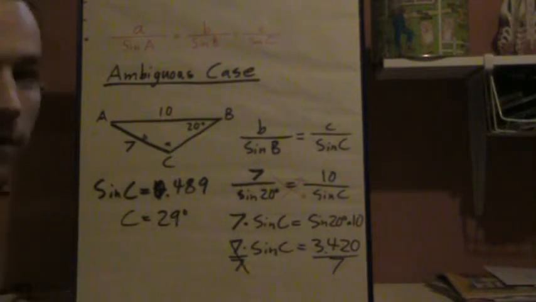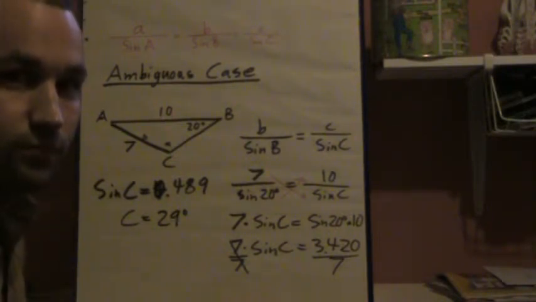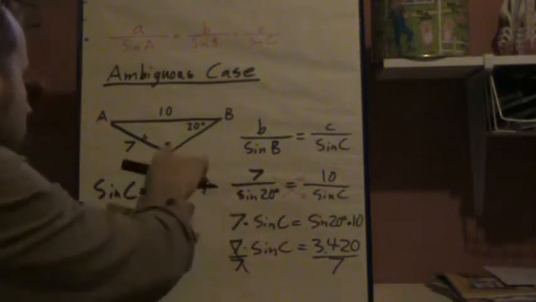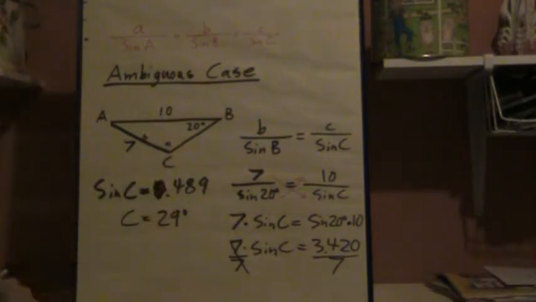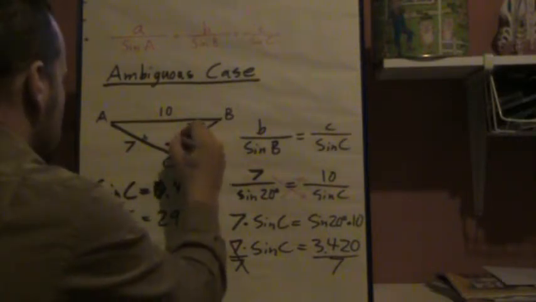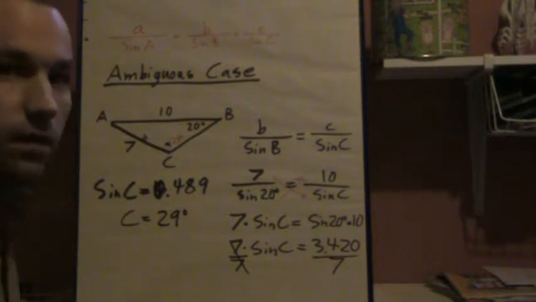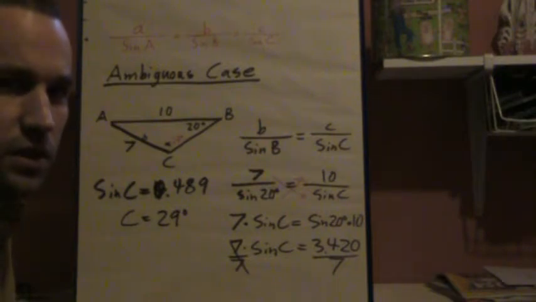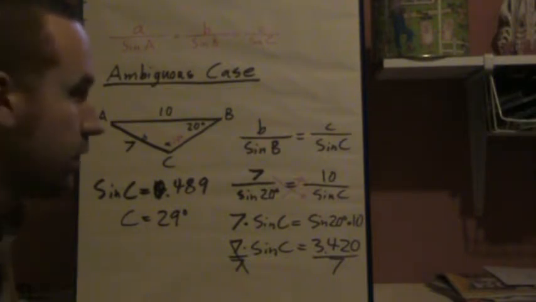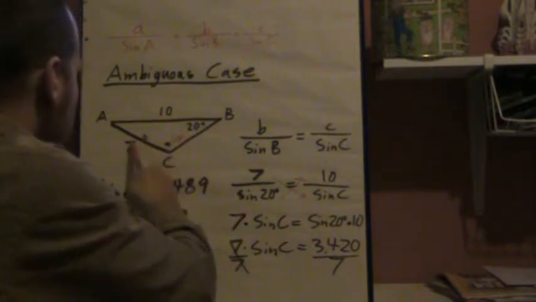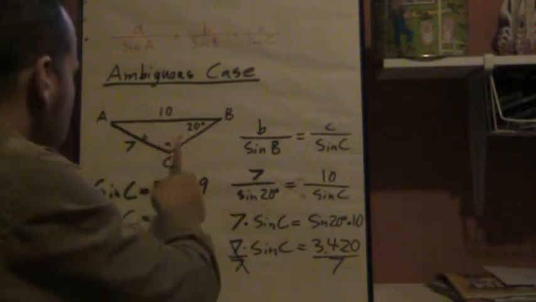Now, if you weren't thinking about it, you would just fire that into your diagram and say 29 degrees. So you'd put the 29 up here in your diagram. And if you'd never heard tell of the ambiguous case, you would sit back and say, well, my answer doesn't seem to be right for my diagram. I've got a really small angle here and 7, and then I have a really large angle here.